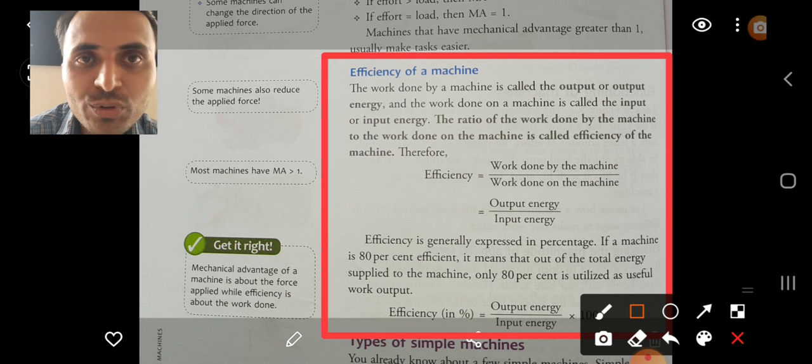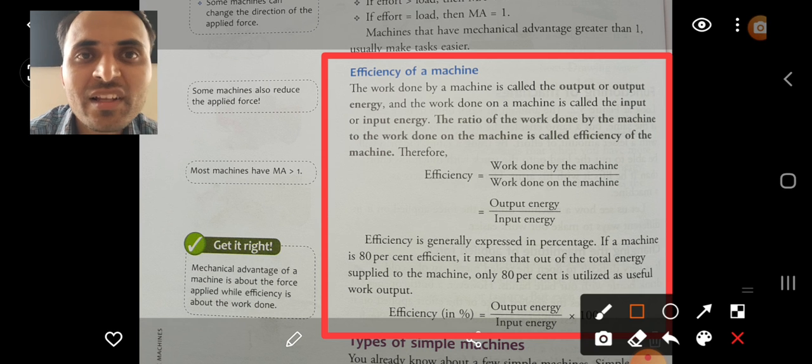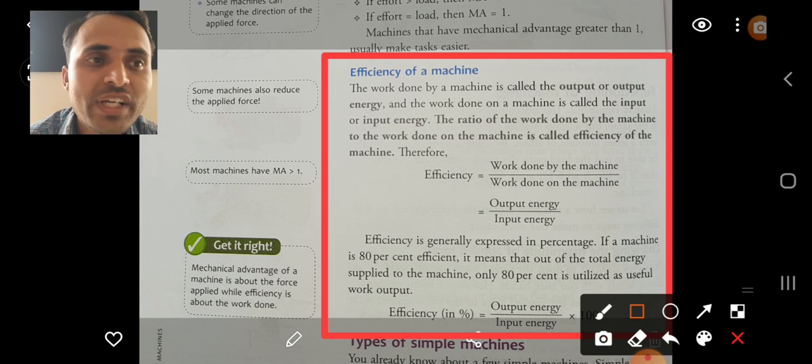And what is the input or input energy? That is nothing but the fuel or supply of electricity which is given to the machine. So efficiency is simply the ratio of work done by the machine to the work done on the machine. In other words, it is the ratio of output energy to the input energy.